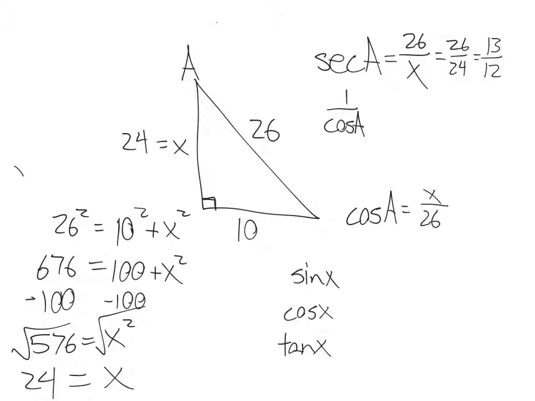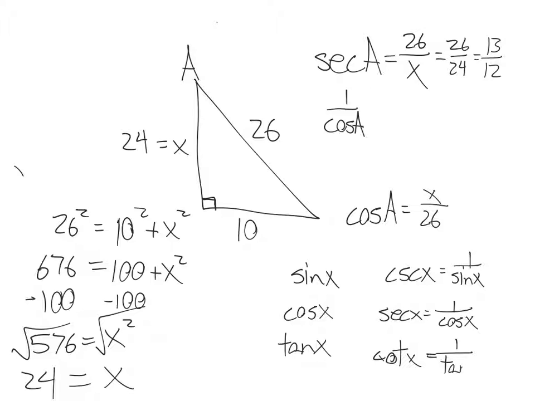And then you have cosecant, which is sine flipped. You have secant, which is cosine flipped. And you have cotangent, which is tangent flipped.